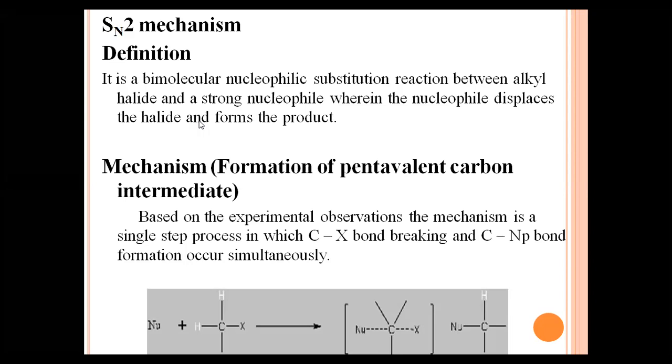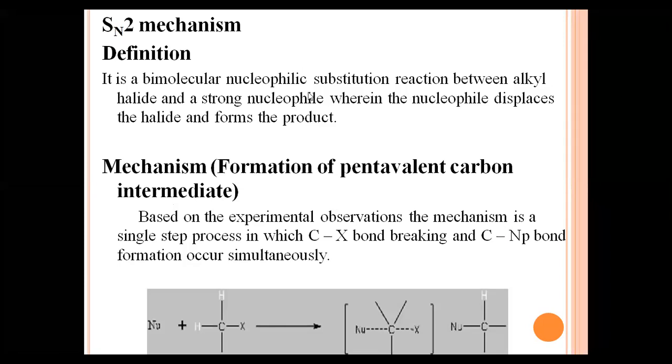Now, after seeing the definition, we have to move towards the mechanism. In short, I have written that the basic mechanism of SN2 is formation of pentavalent carbon as an intermediate.